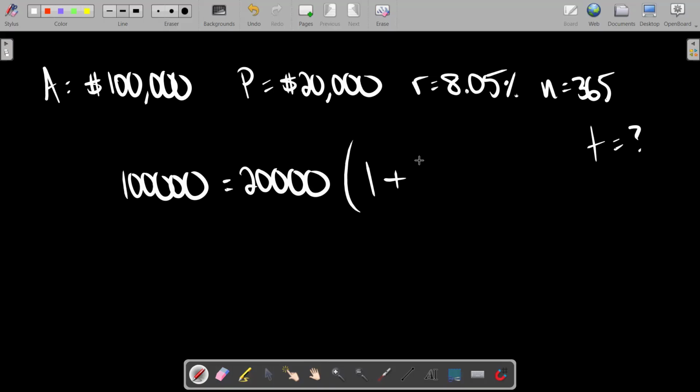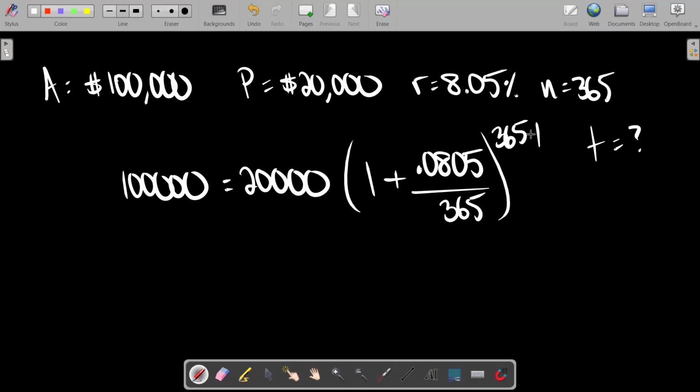What goes on the top of the fraction? What goes on the bottom? And what's going to go up in the exponent? 365t. And it's here where we kind of go, ruh-roh.